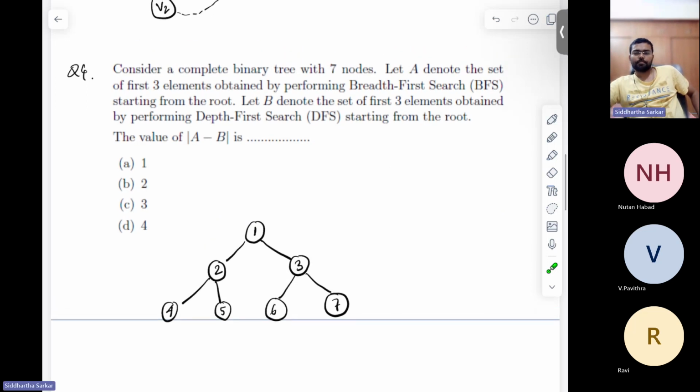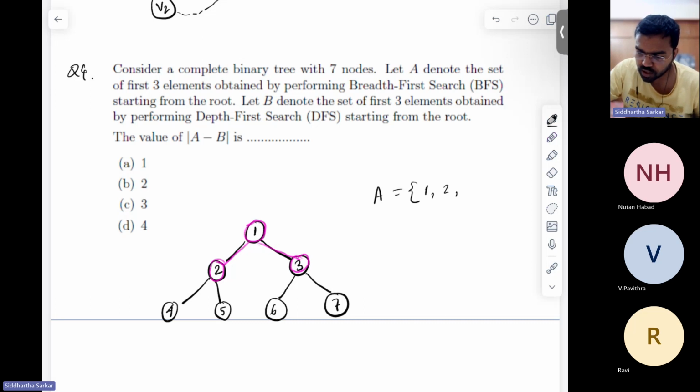Fine, so let me help you. First, we'll do BFS. We start at the root. We explore its neighborhood. There are 2 children with complete binarity. And then we don't go further because we have seen 3 elements already. So A is nothing but, in this case, the elements 1, 2, and 3 in a set.